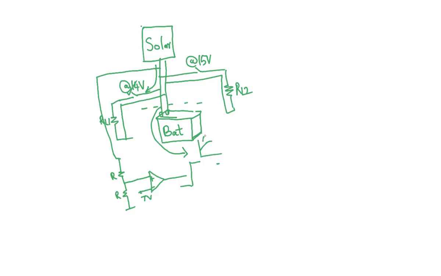Then as soon as you connect a large load, this voltage will dip, because the solar panel has a resistance inside, and so does the battery. So when the voltage dips, this voltage will go down. Now you'll say, oh, now that the voltage is lower, I should turn off the switch. So the switch will turn off. Immediately the battery voltage will go up again, and then you say, okay, now we have to turn on the switch.